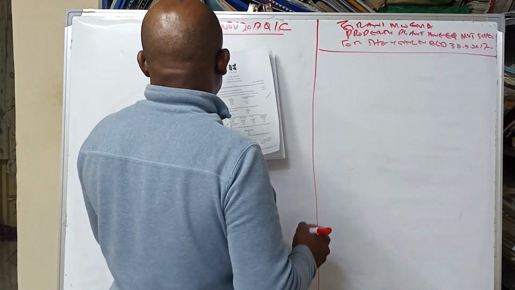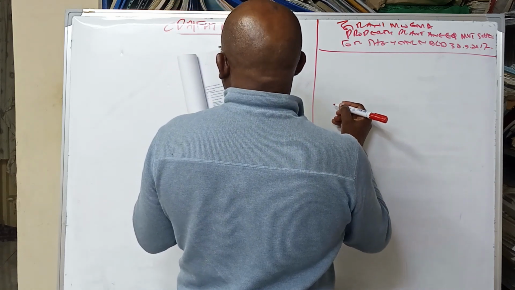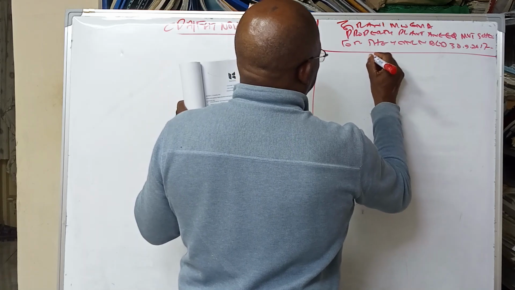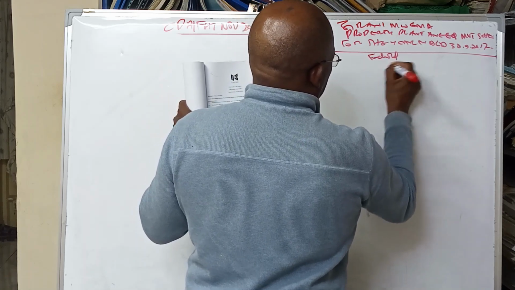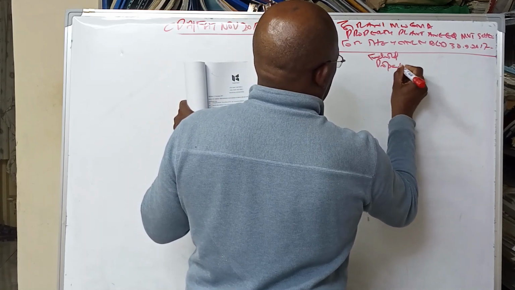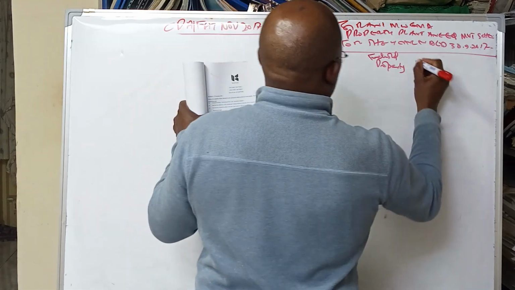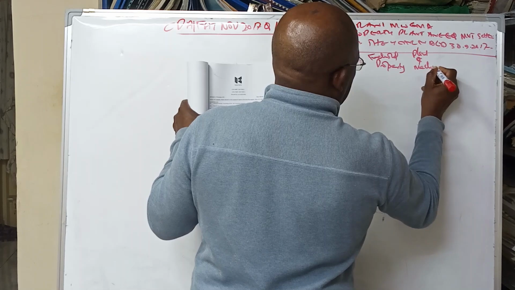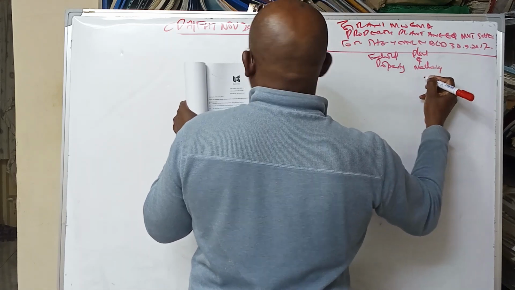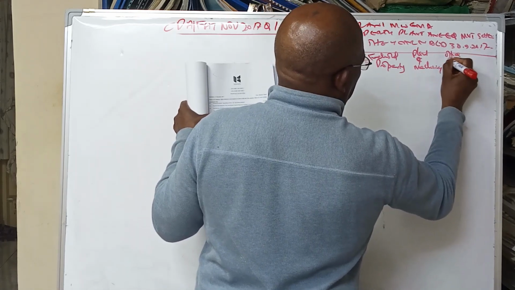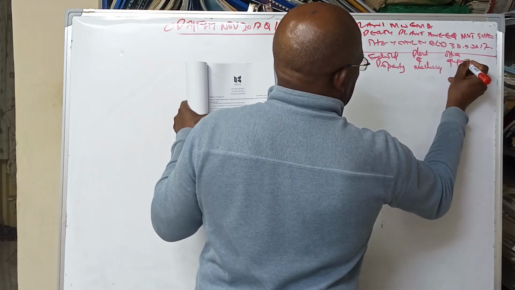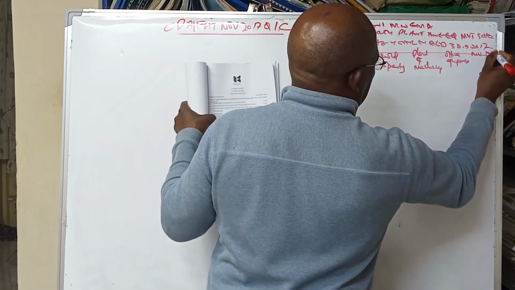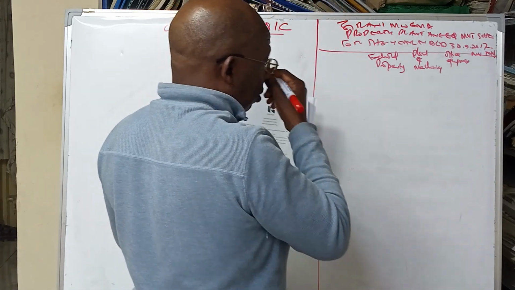Now, we say that we have the assets: freehold property, plant and machinery, office equipment, motor vehicles, and we have the totals.